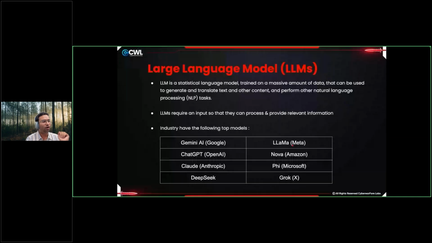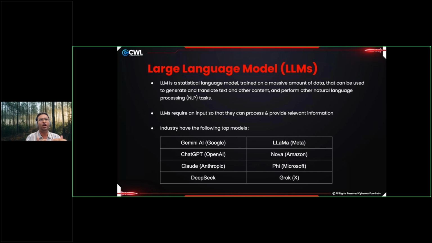Now, moving forward, we have large language models, or LLMs. You have heard about these LLMs, as in ChatGPT. These are trained on specific data sets, right? And they provide some output based on what you ask them. They are a statistical language model trained on a massive amount of data that can be used to generate and translate text and perform other natural language processing tasks, NLPs.